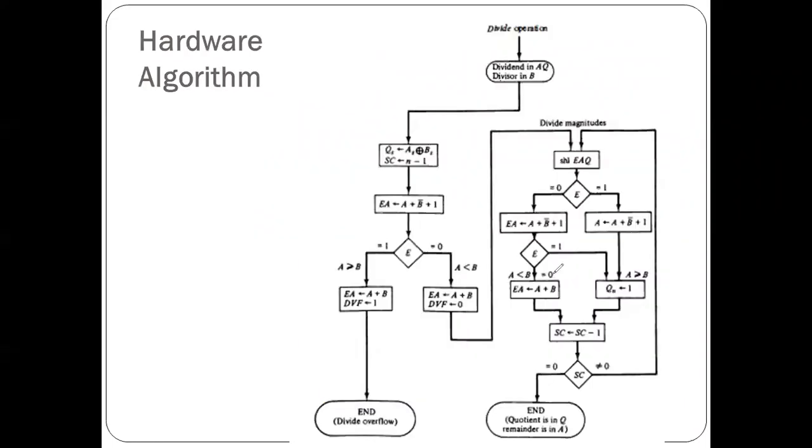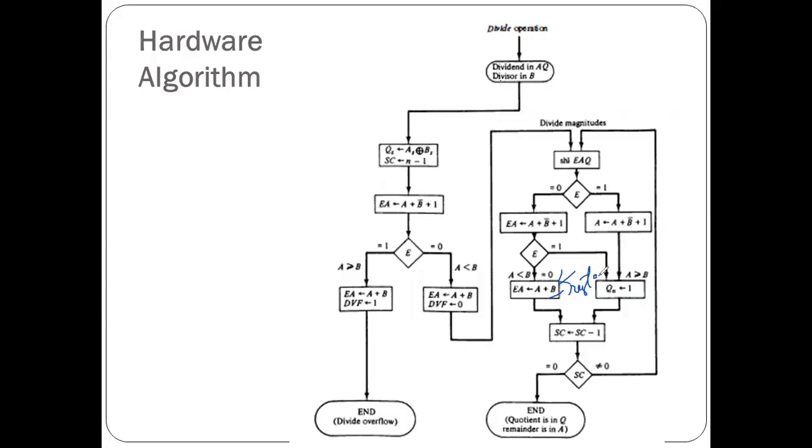Okay, so your Qn will be 0, right? So you cannot perform the subtraction of B from A. But you have done the subtraction which should not be done. That's why we need to add the divisor again to the subtracted result, so as to get back your original A. This is what is called restoring.